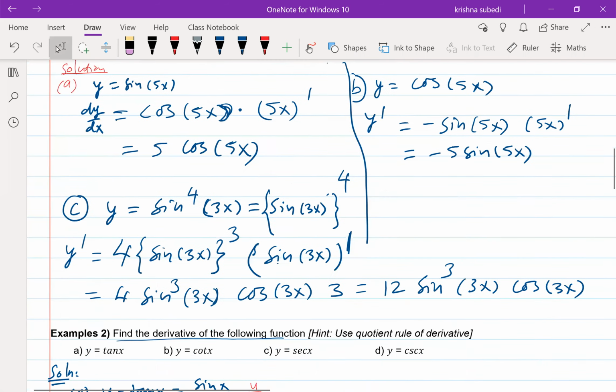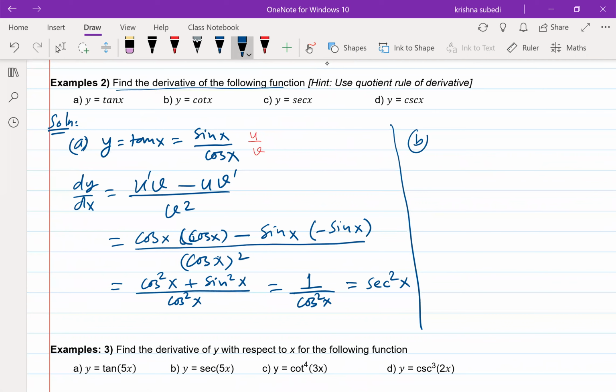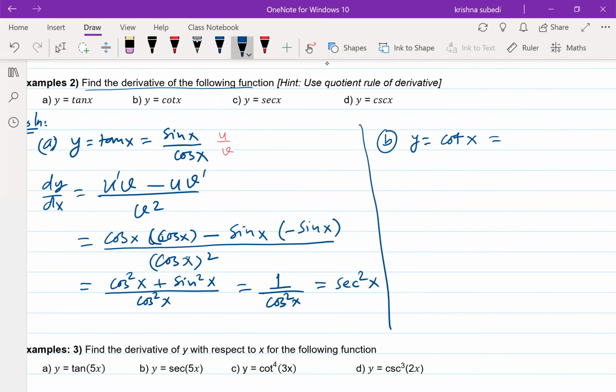So now I would like you to try part B, y equals cotangent x, cot x. And remember, cot x can be written as cosine x over sine x. And now using the quotient rule, let me know what is the formula, and we'll use that as a formula later, okay?